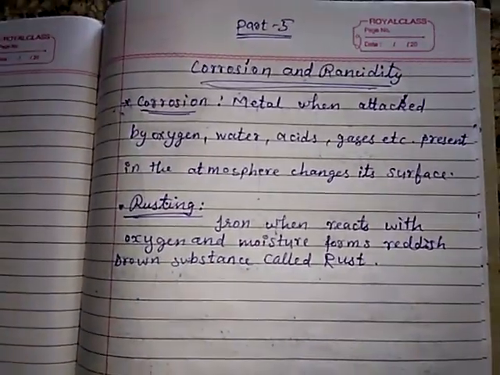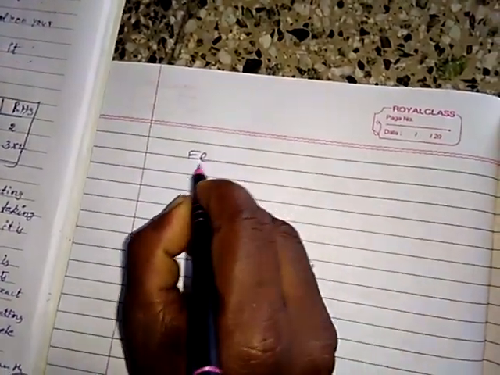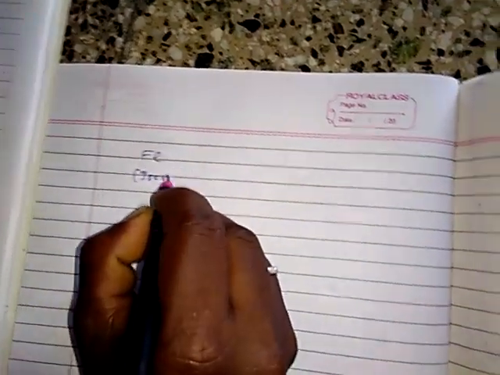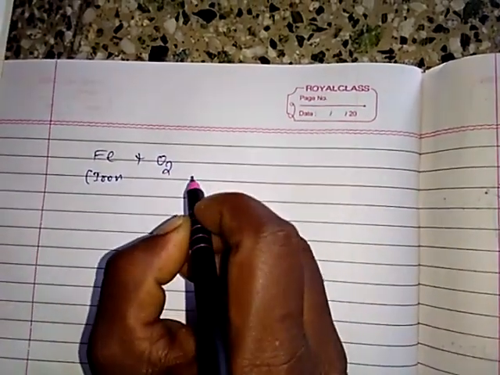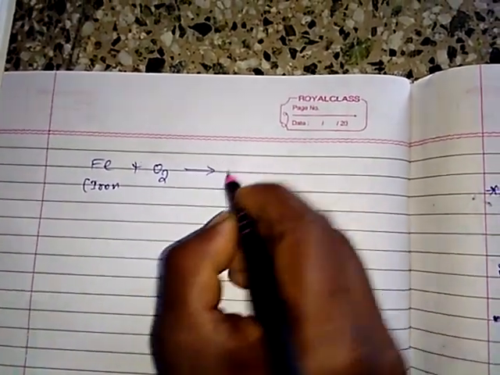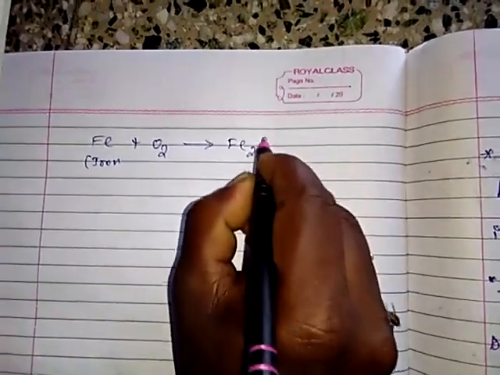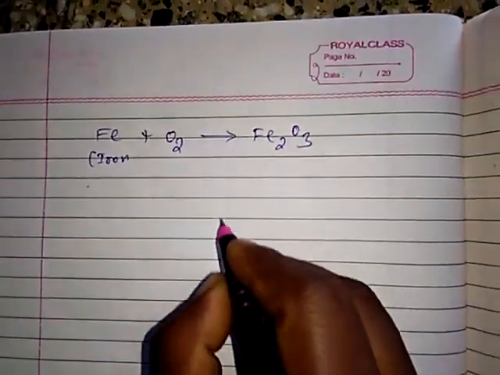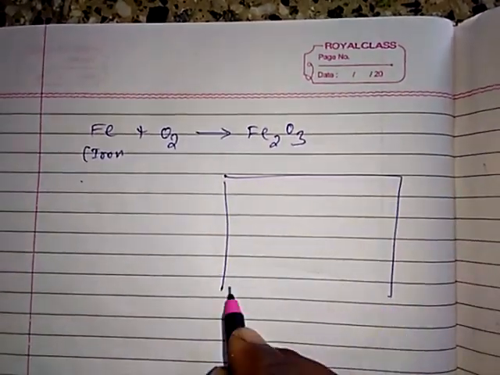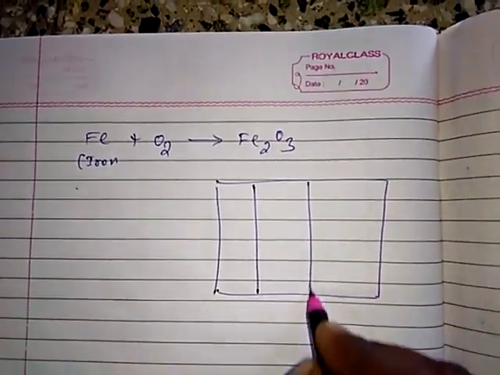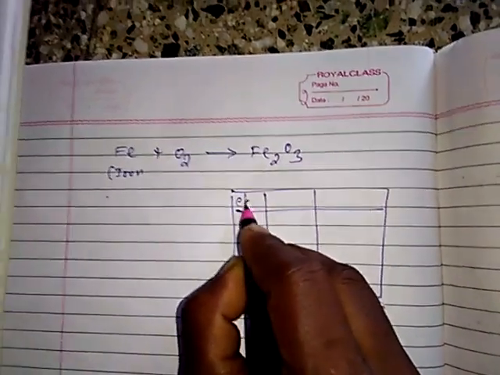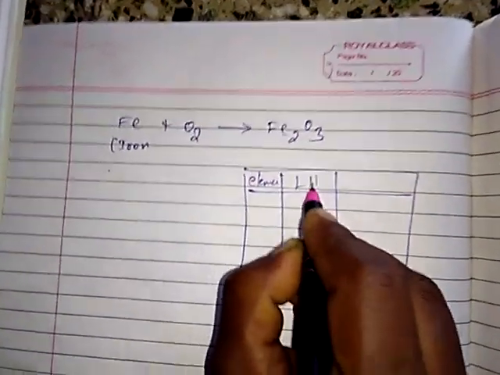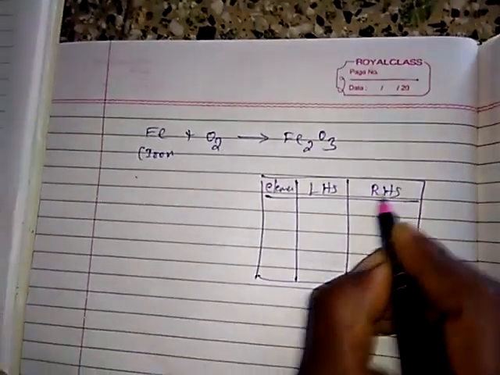Now let us take an example for it. Fe plus oxygen will produce Fe2O3. Now let's balance it. Make a tabular column: element, LHS, RHS.